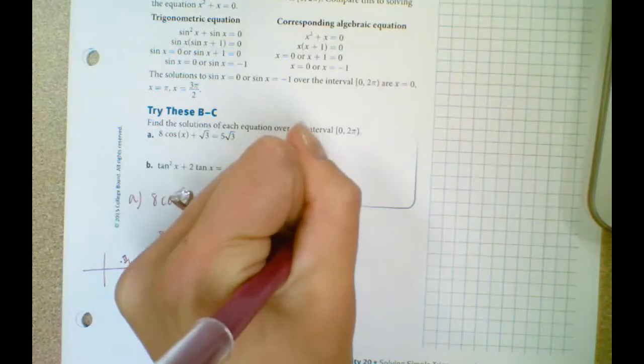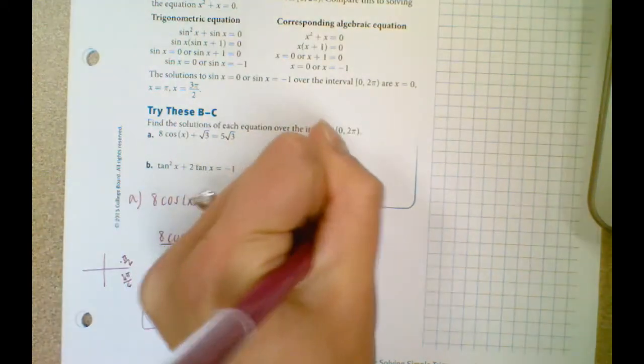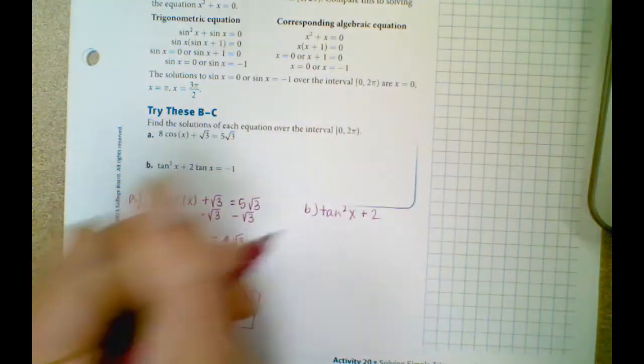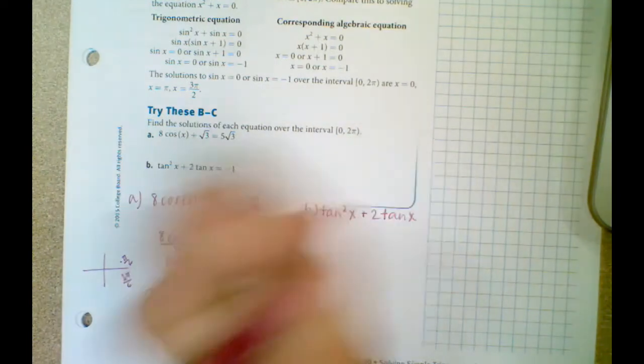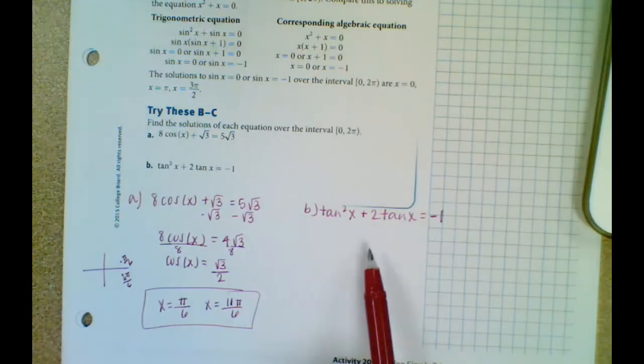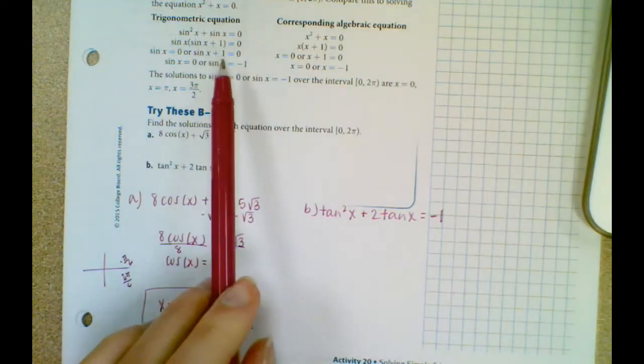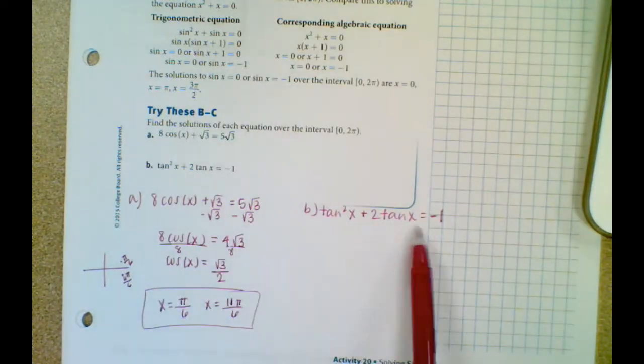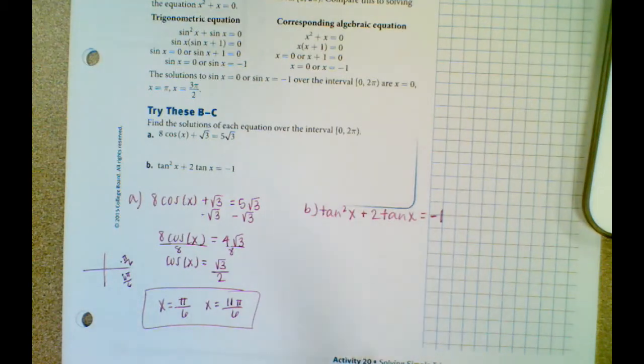I have tangent squared x plus 2 tangent of x equals -1. Now when I first see this, thinking back to example C, it kind of looks like I want to factor out a tangent, right?